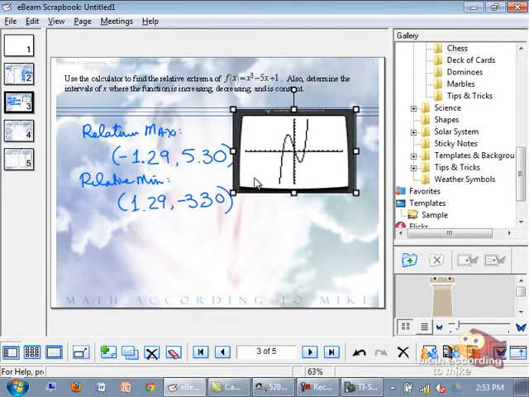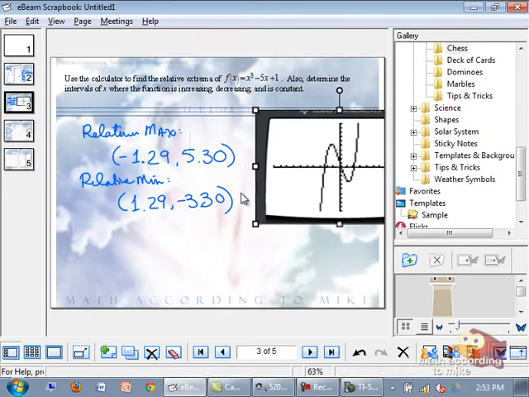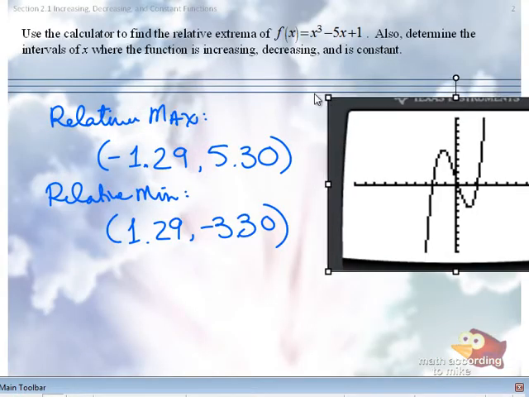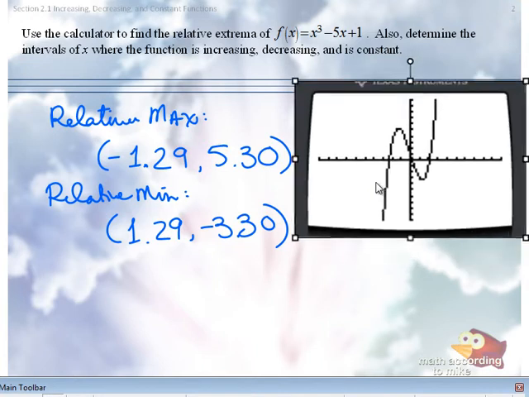All right, so let's talk about increase, decrease, and constant. So now that we know the x values, so we know that this occurs at negative 1.29. We know that this occurs at positive 1.29.